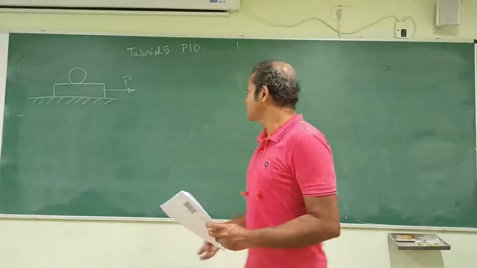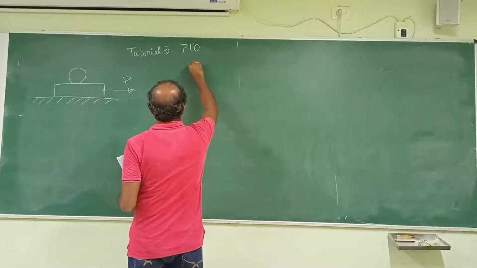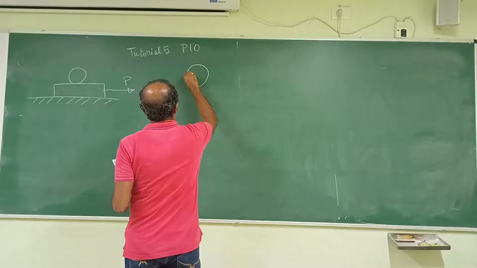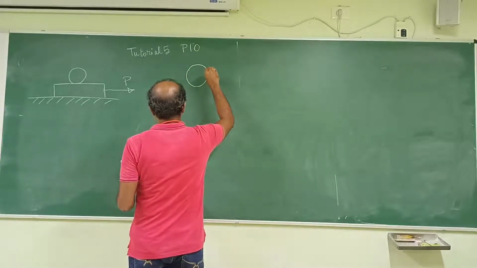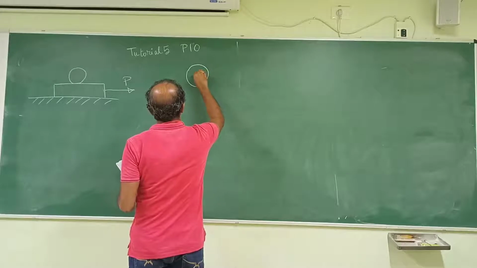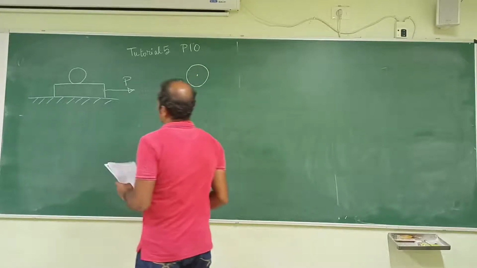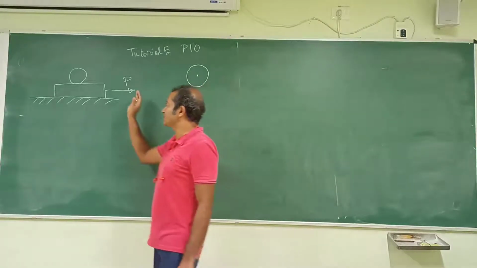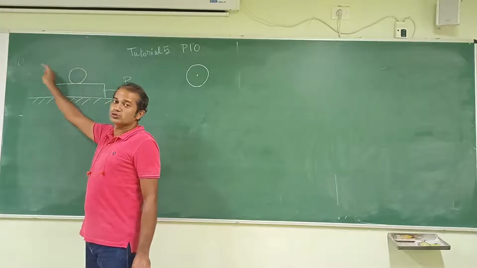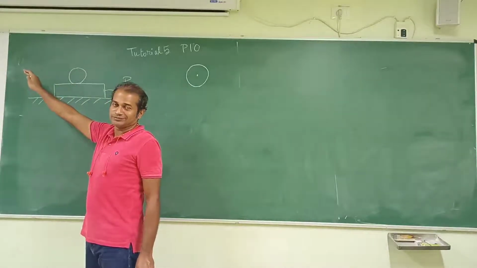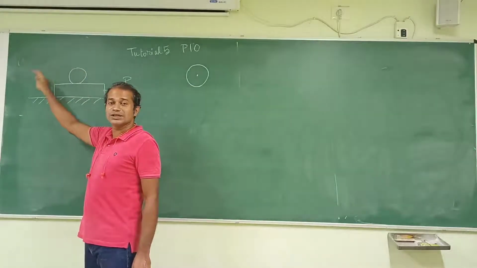Okay? Now if I am going to draw the free body diagram, then what free body diagram am I going to draw? So let's say this is the cylinder C. So you have the friction. Please keep one thing in mind, irrespective of sliding or slipping, the tendency of this cylinder is going towards the left.